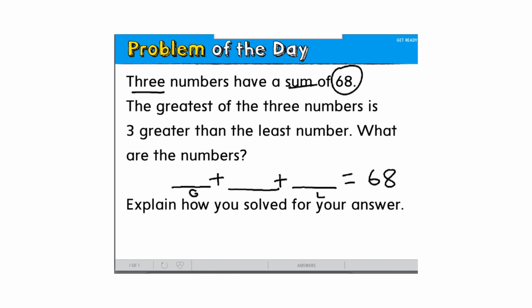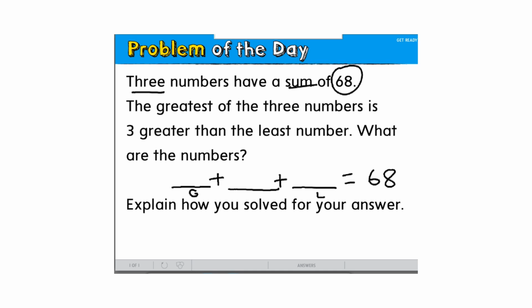Some people started with the number 60. I saw a lot of people who started with the number 60. If you really read the directions, 60 would not be a possible number to start with, because you're trying to get to 68, and the biggest and the smallest were only 3 apart. So here's what I saw.